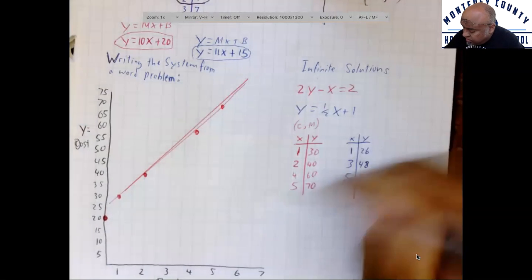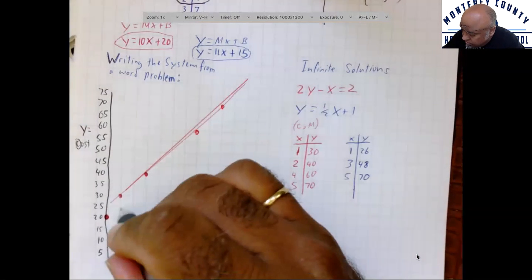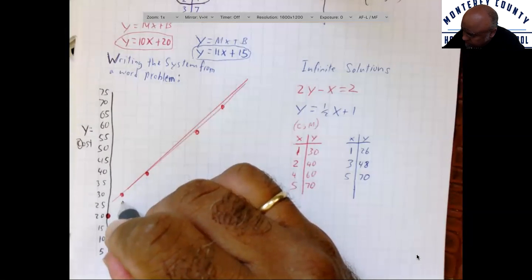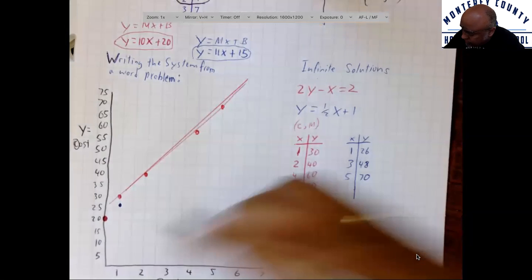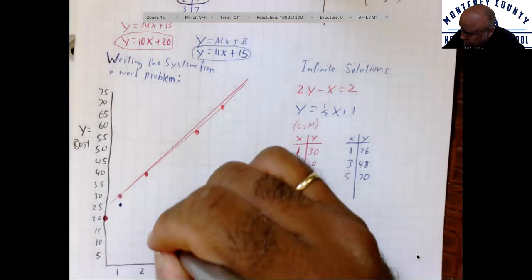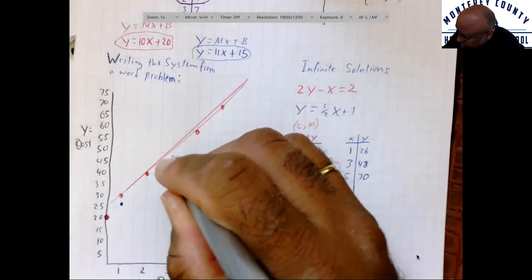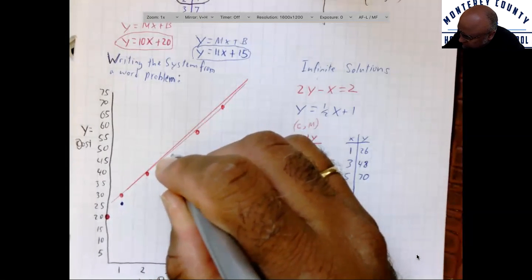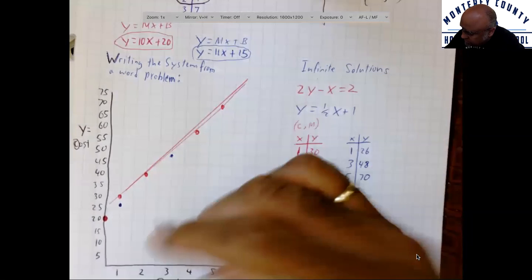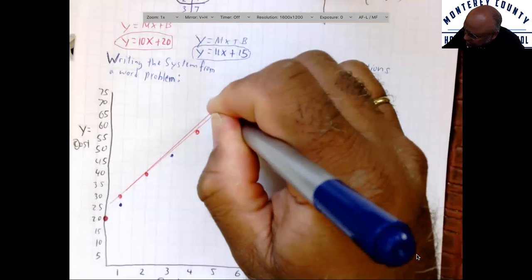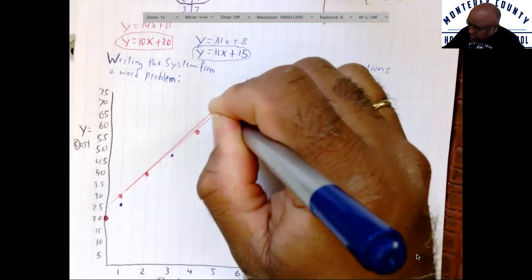So I have 1 and 26. 26 would be a little bit above 25 here. 3 and 48. 3 and 48 would be a little bit below 50. 5 and 70. 5 and 70 would be, again, the exact same point.